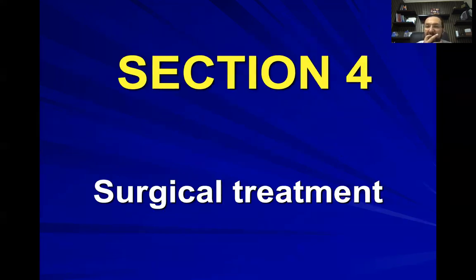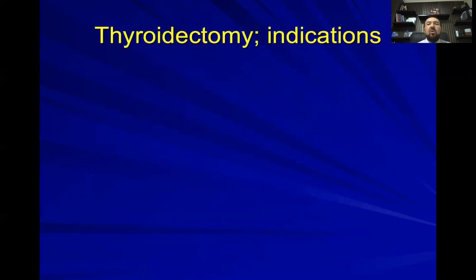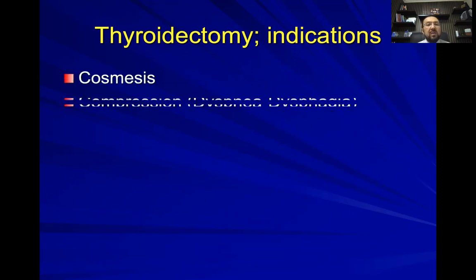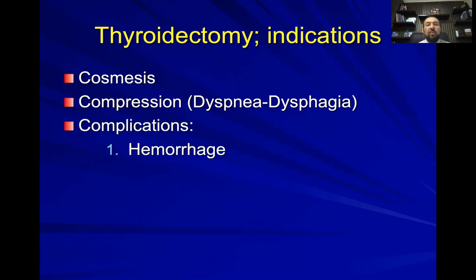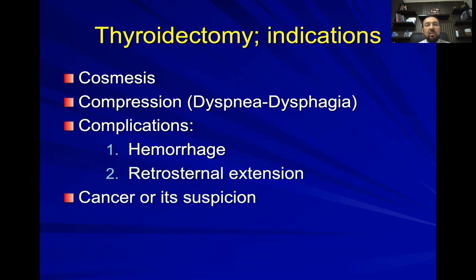The last section of our talk today is the surgical treatment of thyroid diseases. Of course, this is known as a thyroidectomy operation. The indications of thyroidectomy are either cosmesis, compression, which means dyspnea or dysphagia, or complications. Complications include hemorrhage, retrosternal extension, and cancer or its suspicion.